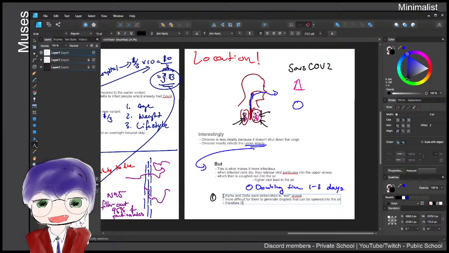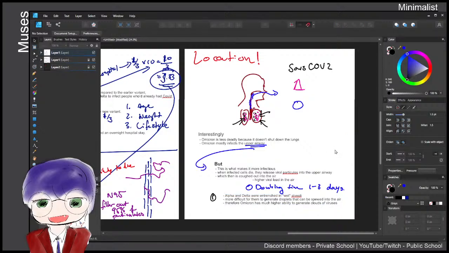Therefore, Omicron has much higher ability to generate viruses. Right? So again, this once again highlights the absolute need for masks.